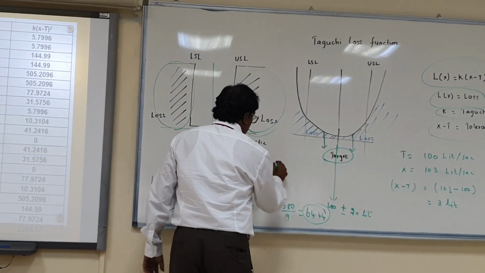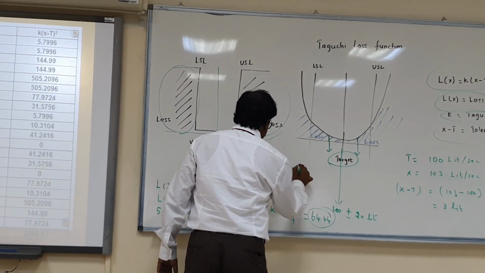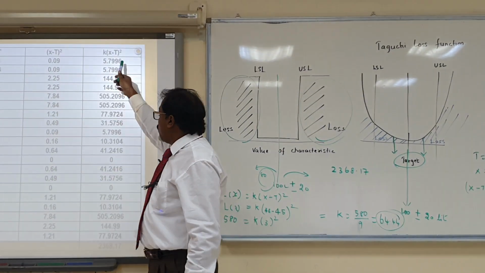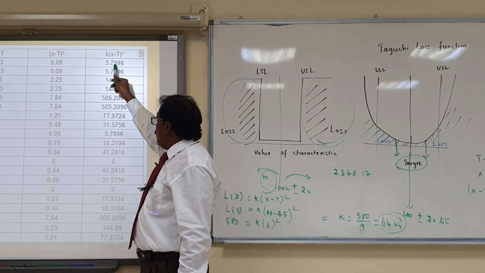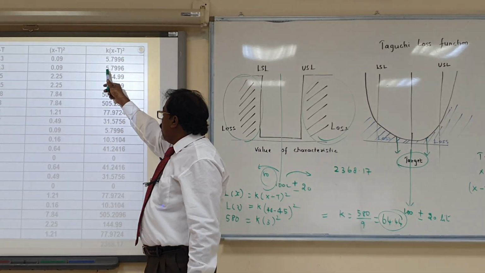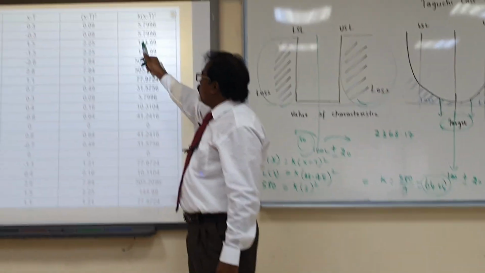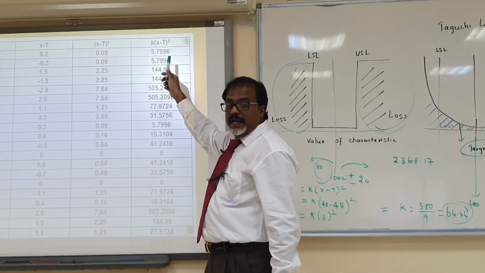The loss for the first pump comes around 5.7 OMR, the second also 5.7 OMR, and for the third pump it comes to 144.99.